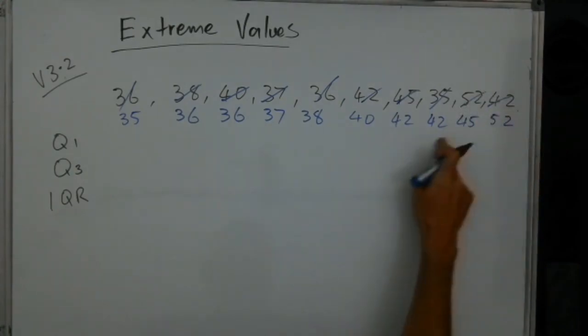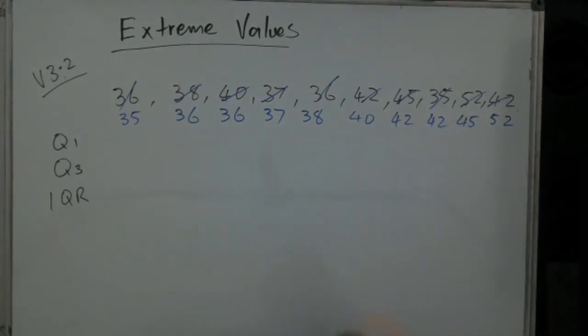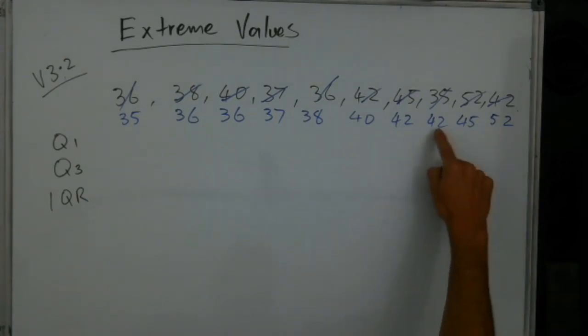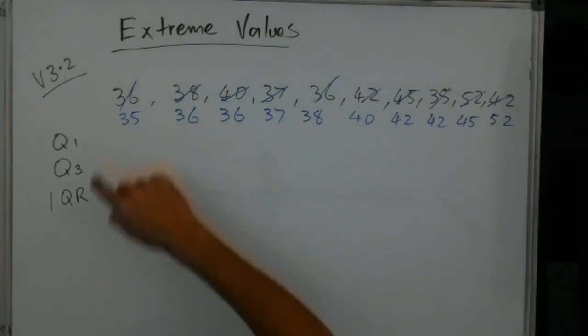Because I've managed to line them up the same, we've got all the data. So we've got 10 things.